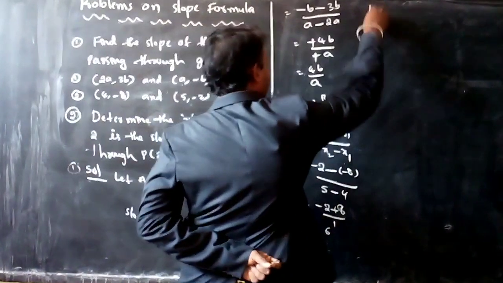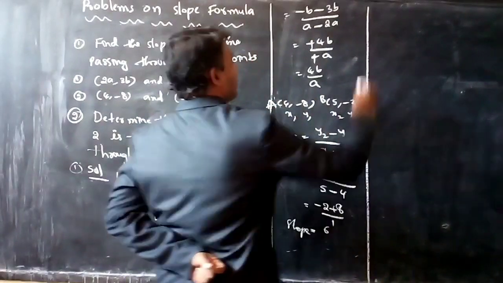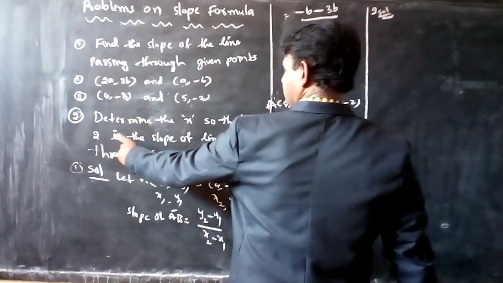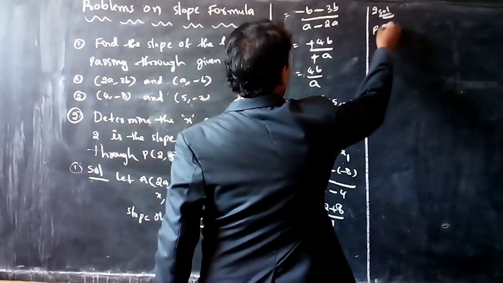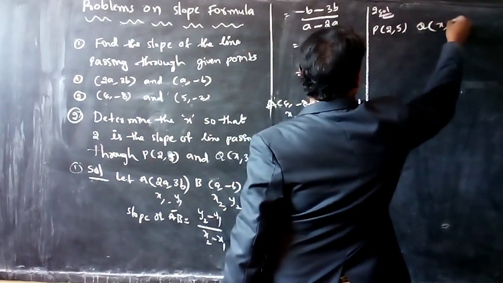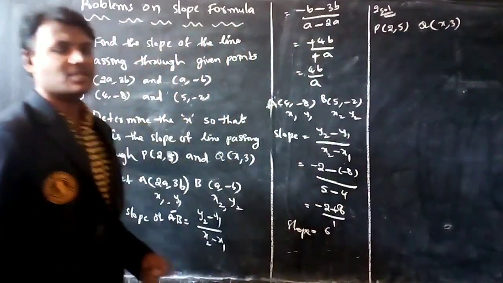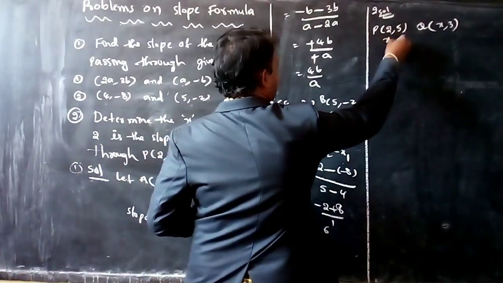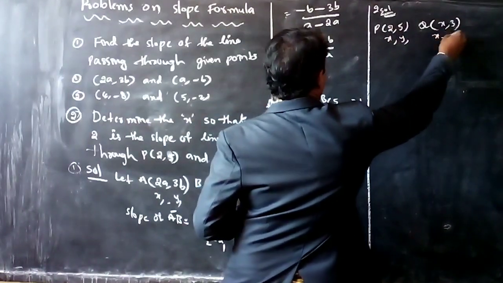Now move to the second question. In the second question, what are the points given? P (2, 5) and Q (x, 3). From this you have to find the value of x. Let P be (x1, y1) and Q be (x2, y2).